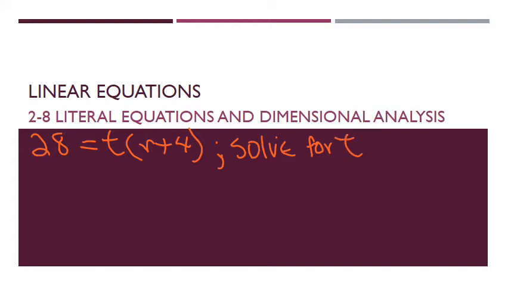Now, I'm looking at this, and I've got this 28. I need to be isolating the t. This is what I've got to isolate. But I've got this term here in these parentheses.